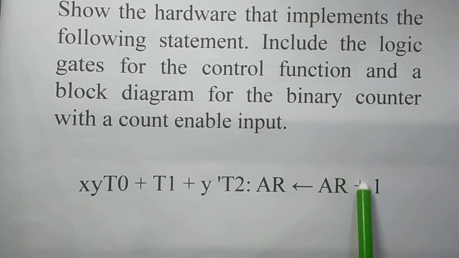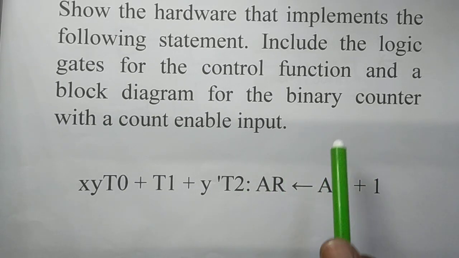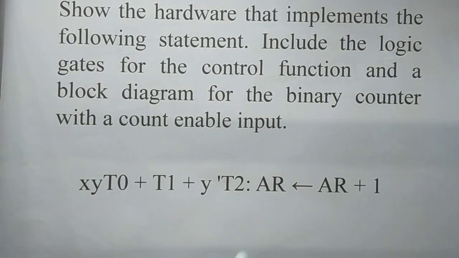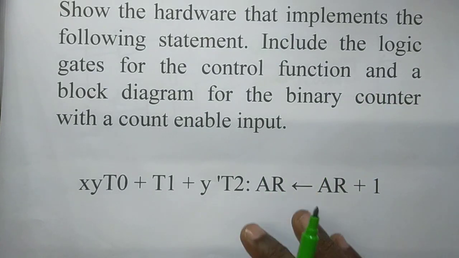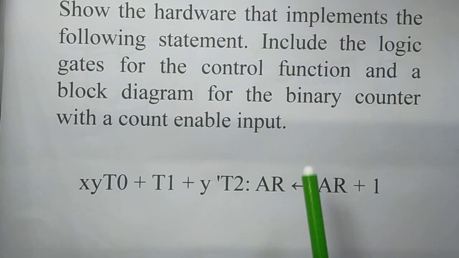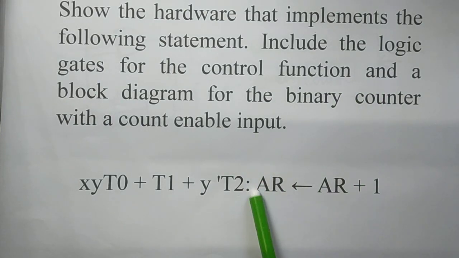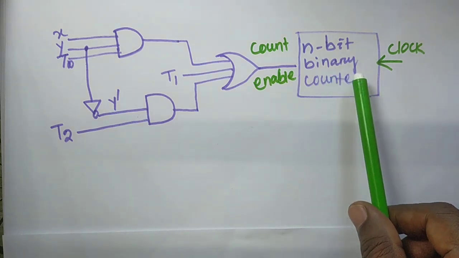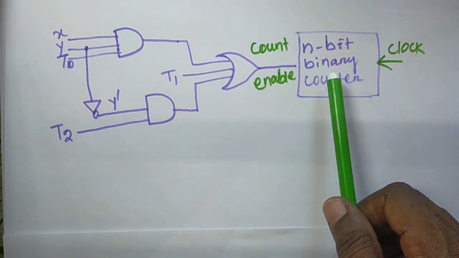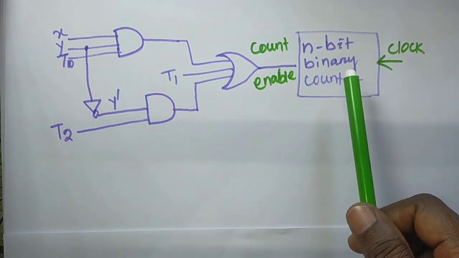The content of AR will be increased automatically. It will increase through the binary counter because the question says it is with the help of a binary counter, meaning we have to consider an n bit binary counter. Then it will increase the address register. Whatever register we consider, automatically its content will increase.